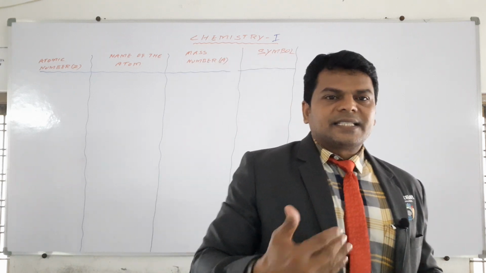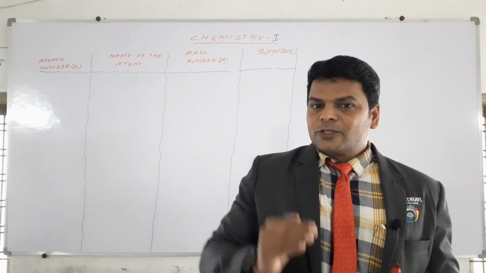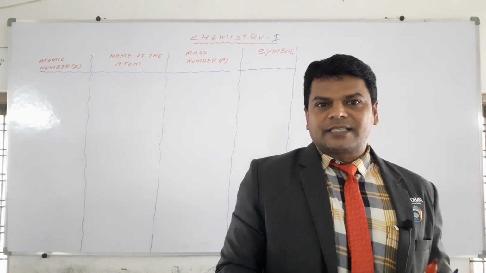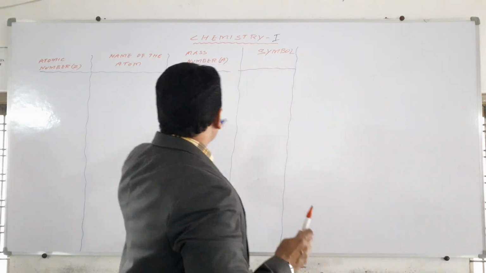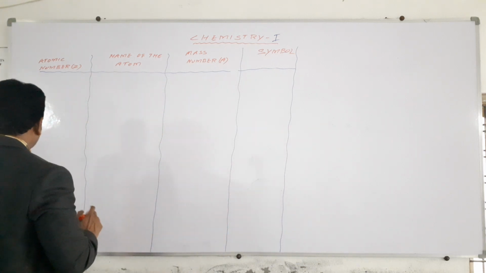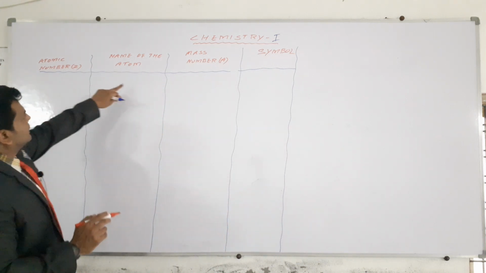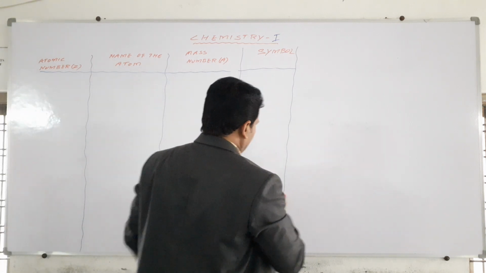So step by step we will learn total 118 atoms. In this class we are going to discuss first 20 atomic numbers and their atomic weights. This is the table we are going to fill: atomic number, name of the atom, mass number, symbol.